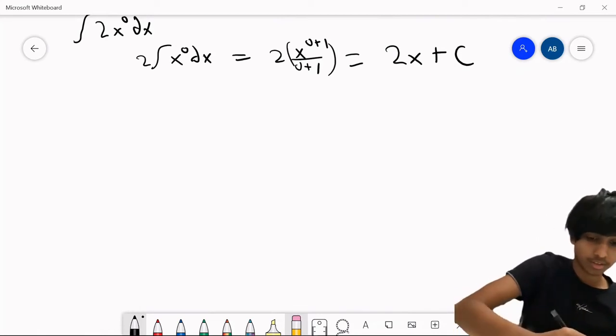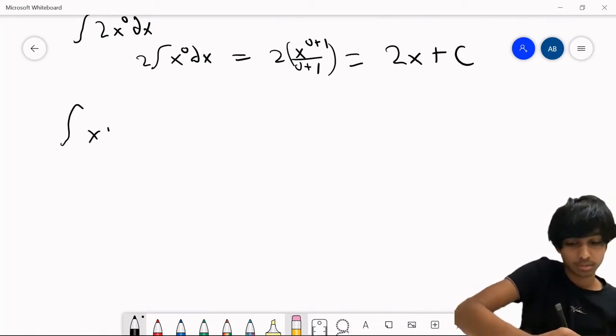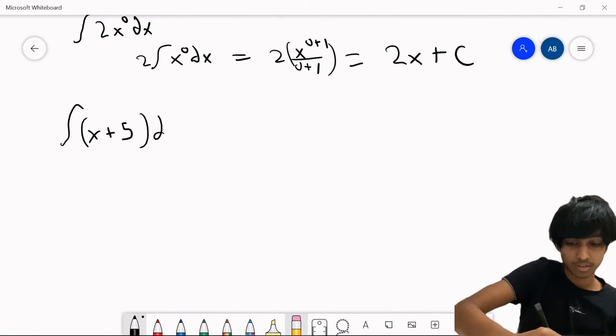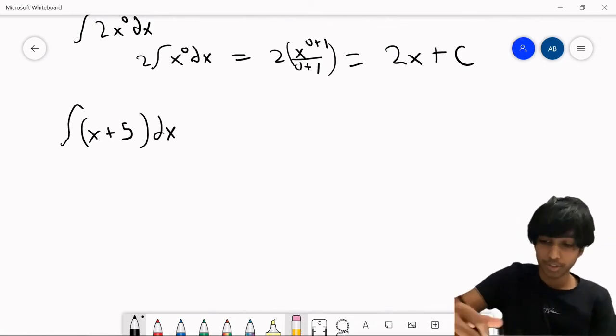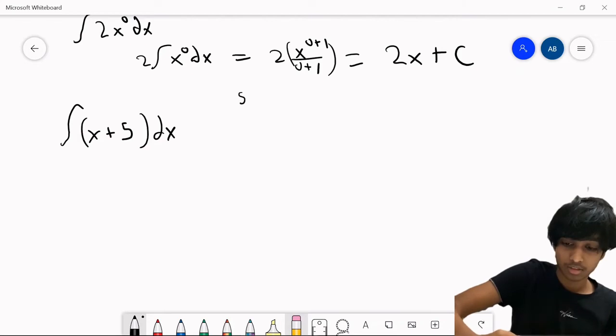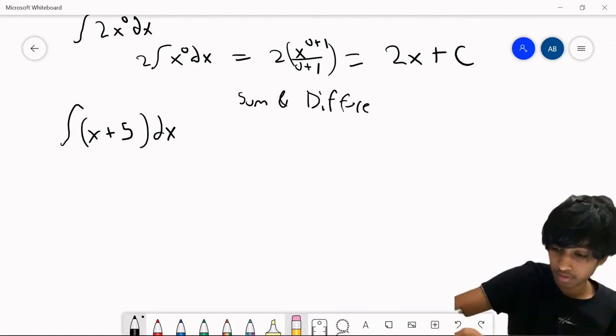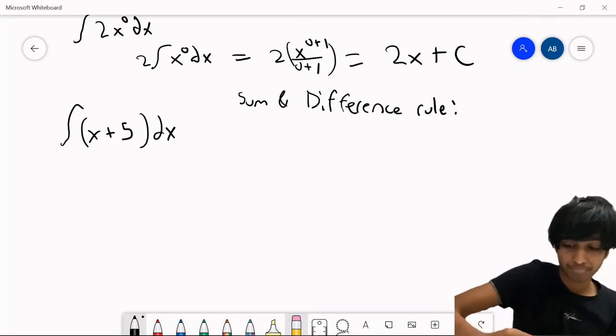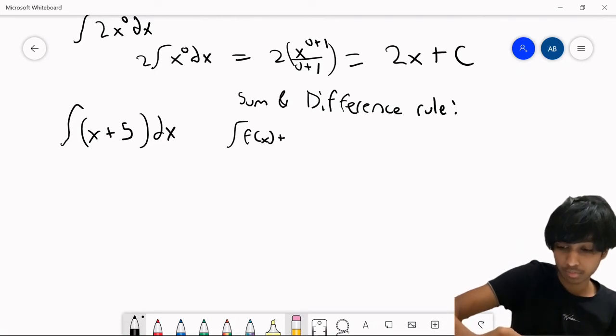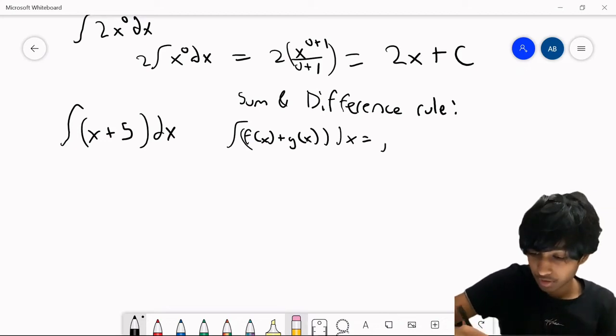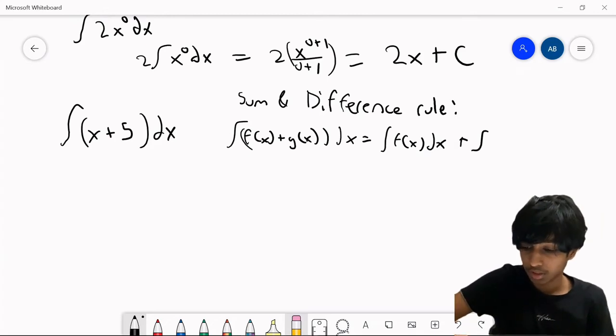Now, how would you take the integral of x plus 5 dx? Well, you would need to know the sum and difference rule, which basically says the integral of f of x plus g of x dx equals the integral of f of x dx plus the integral of g of x dx.